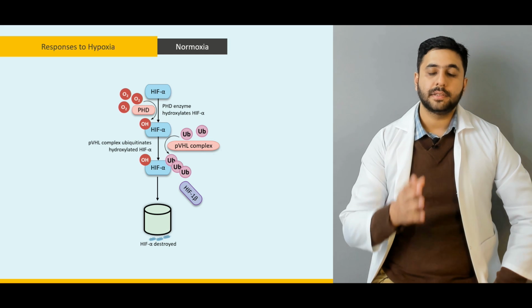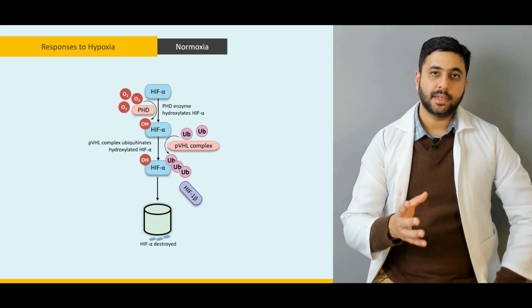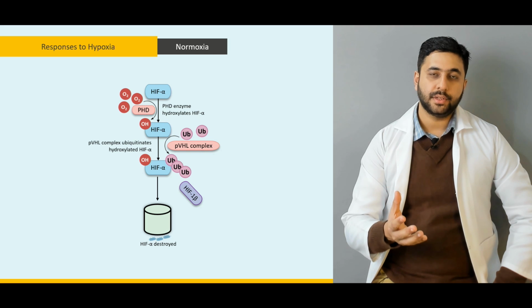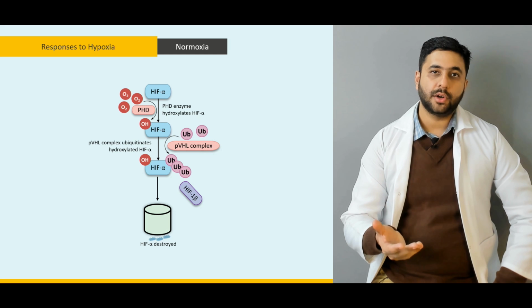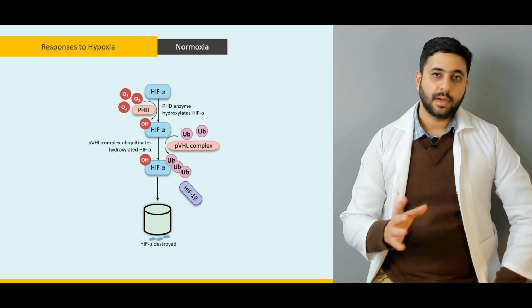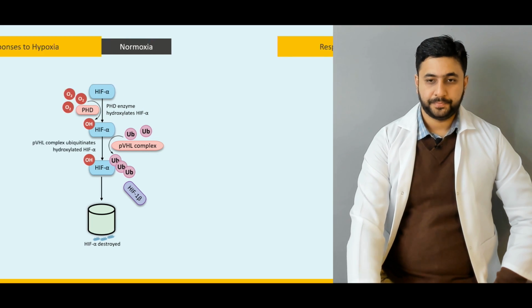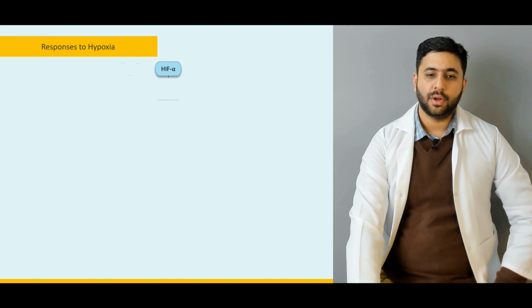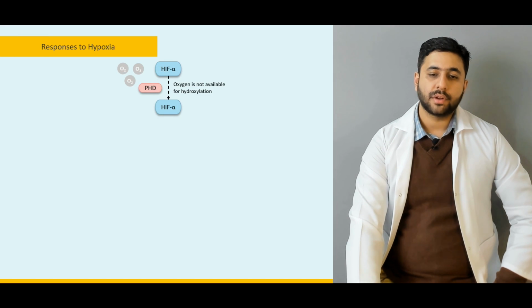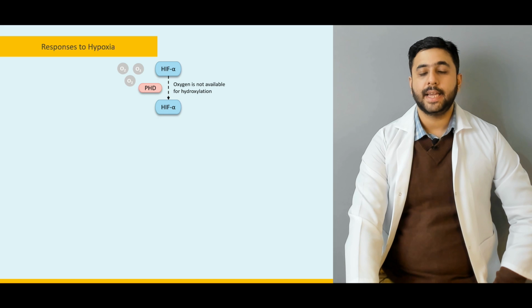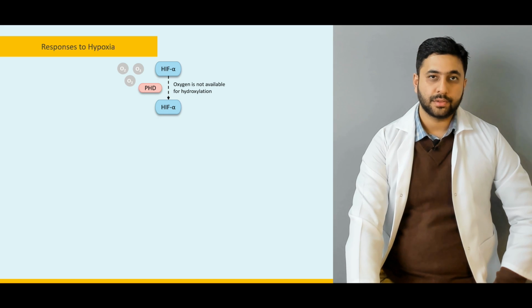So this is what happens in a normal situation, when there is adequate oxygenation of the tissue. This hypoxia inducible factor is triggered whenever we have an absence of oxygen, which is clinically defined as hypoxia. In the absence of oxygen, because the oxygen is not available, the HIF alpha does not get hydroxylated.